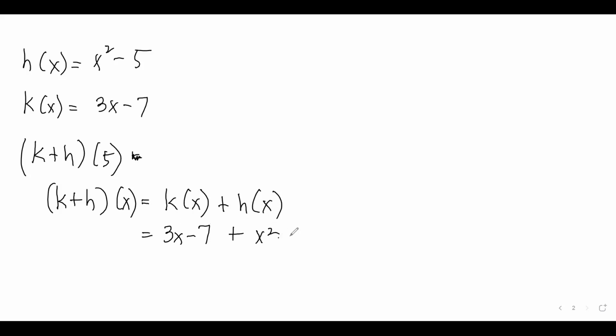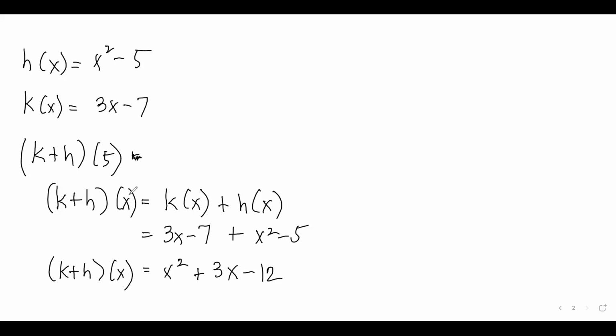X squared minus 5. Simplify further, we have x squared plus 3x minus 12. So this is k plus h of x.